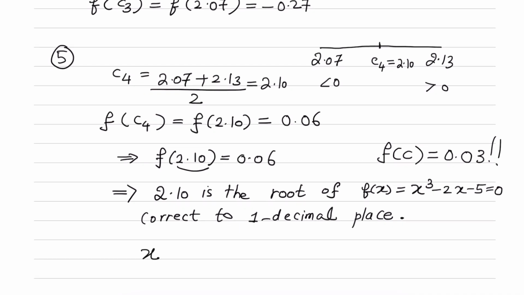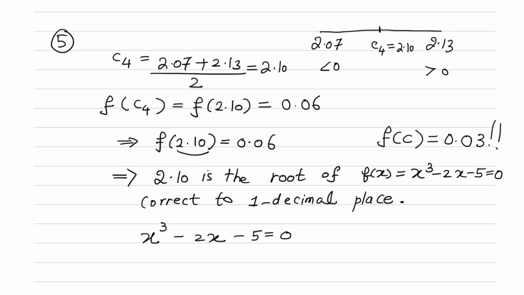Meaning that you had to find the root of this equation. So that's what we have done by using the bisection method or interval halving method.